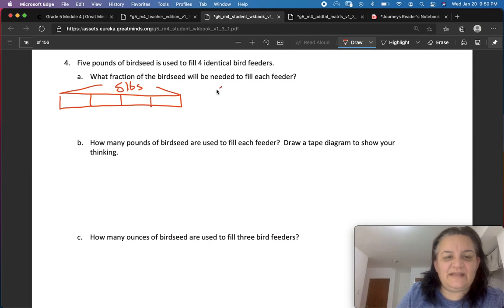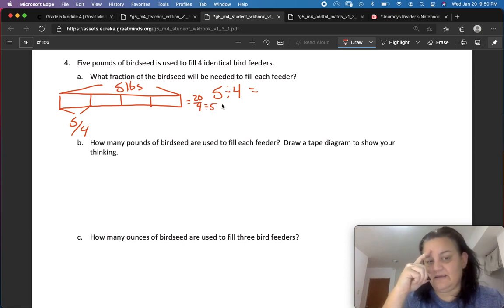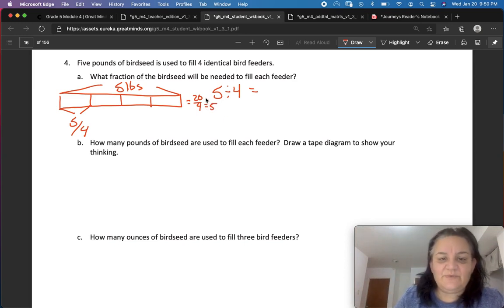So it's really 5 divided by 4, which equals 5/4. Okay, 5/4 plus 5/4 plus 5/4 plus 5/4 equals 20/4, which equals 5, right? Okay. What fraction of the birdseed will be needed to fill each feeder?